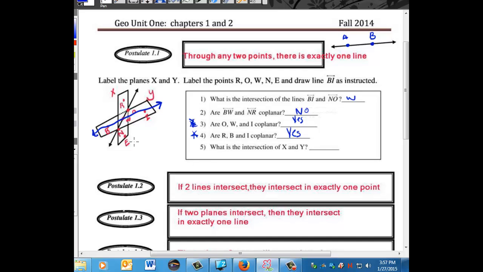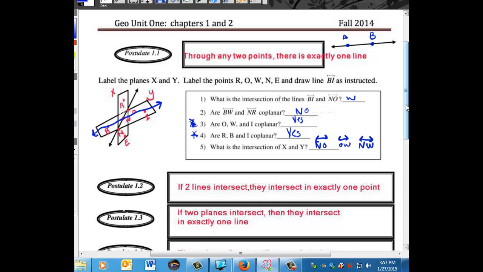So the line would be line NO or line NW, so I can show this as NO, we show with arrows on top. Or the same line is NO, I could call it OW, and that would be the same exact line. And how about a third way? A third way would be NW. That would be a third way that we could write these lines.